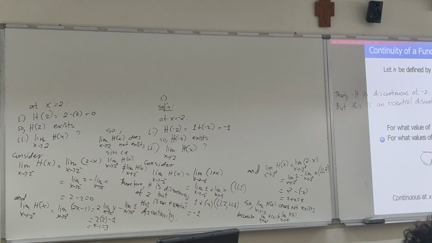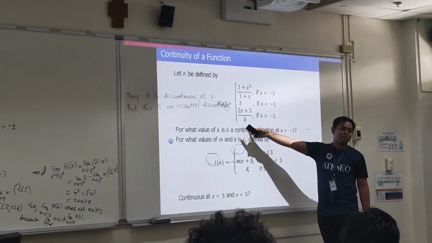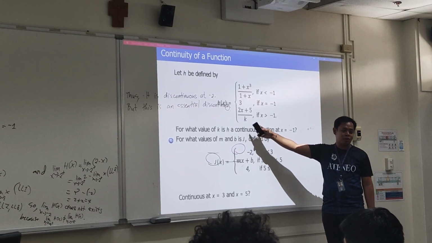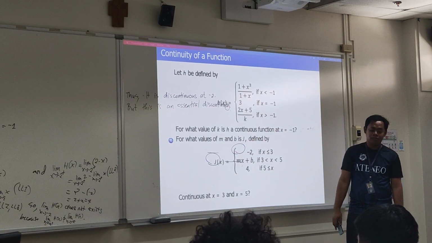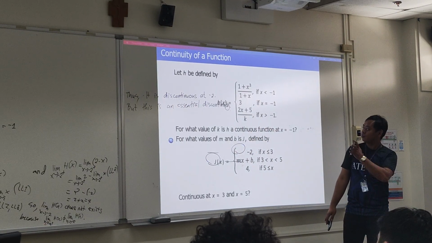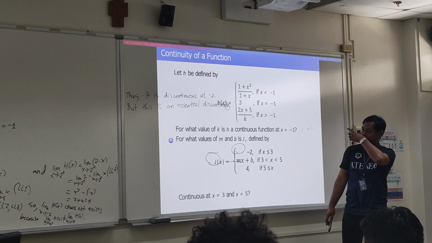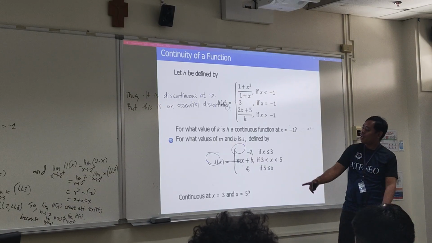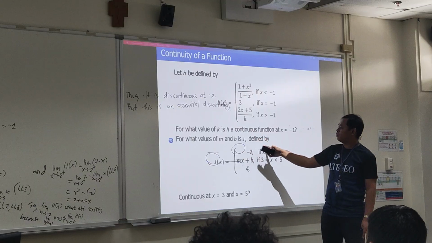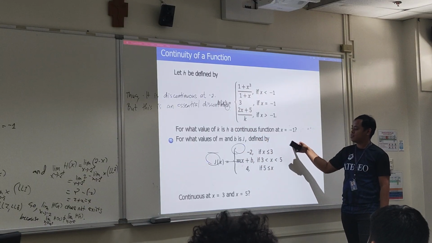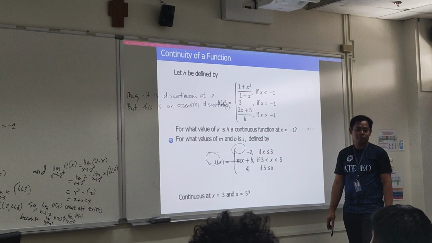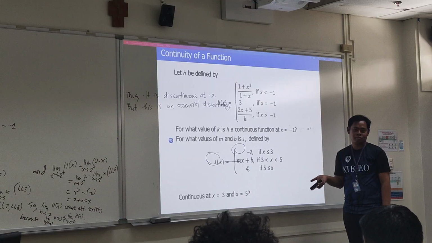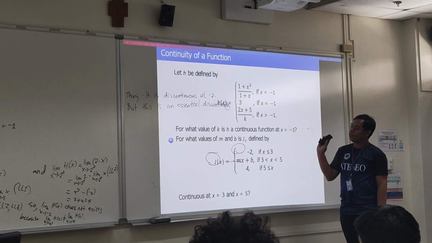And as you can see there is this variable, no? A known variable. So for what value of k is h a continuous function at x equal to -1? So you're going to solve for k first.